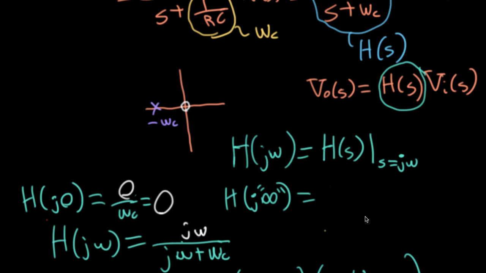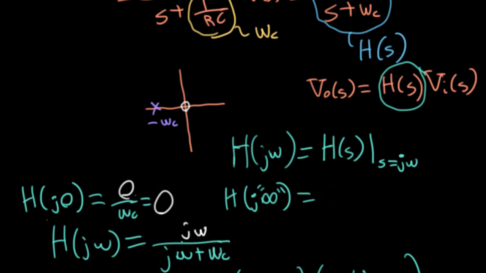So what about the limit as it goes to infinity? Well, let's think about the two terms I have here. I've got a j omega up here. I have a j omega down here. As omega goes to infinity, this constant here is going to seem very, very small in comparison to these terms that are going to infinity. So it effectively becomes unimportant as omega goes to infinity.